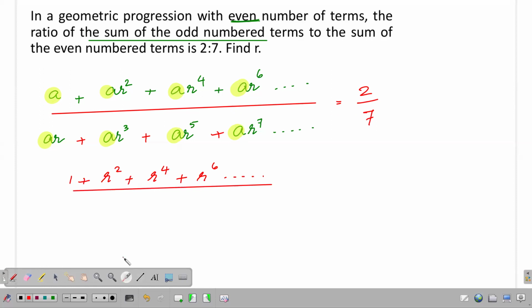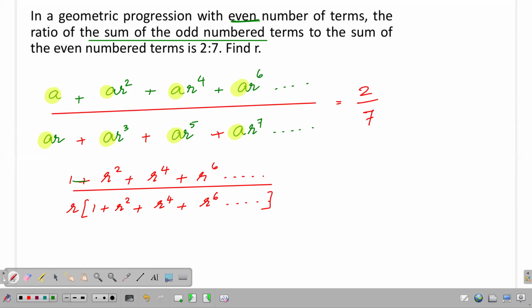But there is one thing interesting here. In the denominator, just imagine here r is common everywhere. If I take that r out, then what will happen? It results in 1 plus r square plus r power 4 plus r power 6, etc. Just if you take that r, this question now becomes very easy.